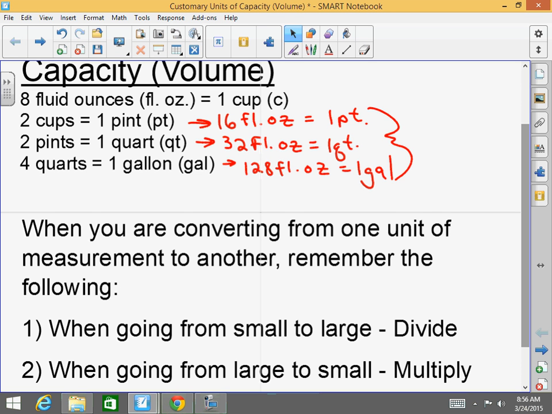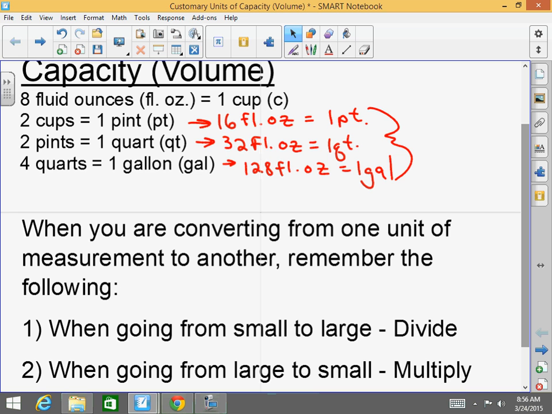Since there are 2 pints in a quart, and there's 16 fluid ounces in 1 pint, that means that there are 32 fluid ounces in 1 quart. And since there are 4 quarts in a gallon, and there are 32 fluid ounces in 1 quart, that means that there are 128 fluid ounces in 1 gallon. Does that make sense, gentlemen?